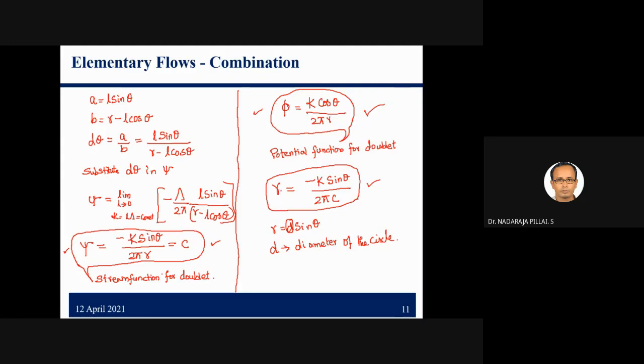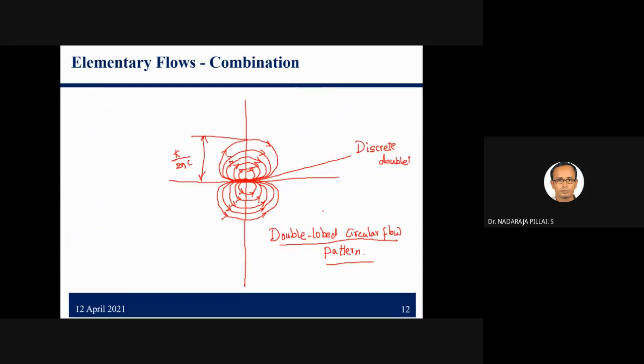So r is the radius, r is the distance, and we know that we write r is equal to d sine theta in our analytical geometry. So d is the diameter, and we have finally arrived at kappa by 2 pi c, which is equal to d, and we arrive at a discrete doublet, which is in the shape of a double lobe circular flow pattern. So what does this mean?